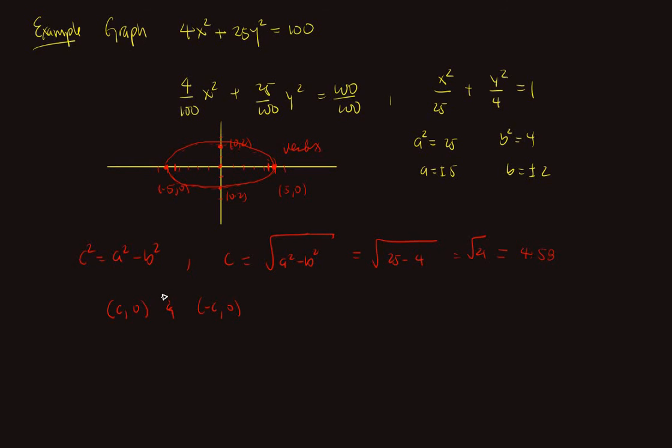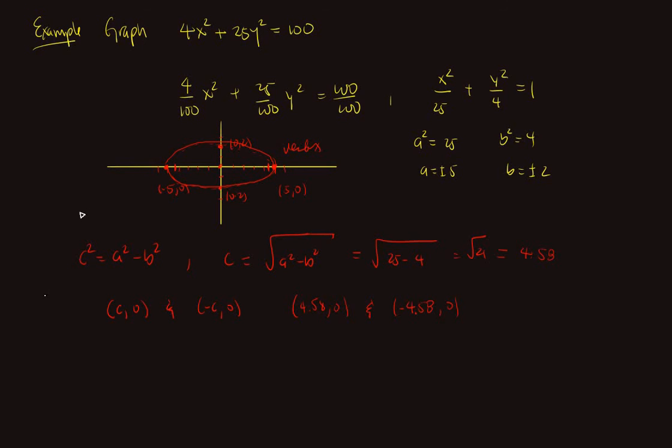There is where the focus is of this ellipse. I should have used a different color. Oh, sorry, that's not true. So it's 4.58 and 0 and negative 4.58 and 0.